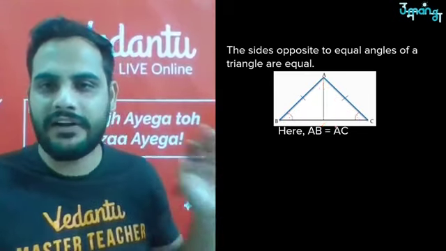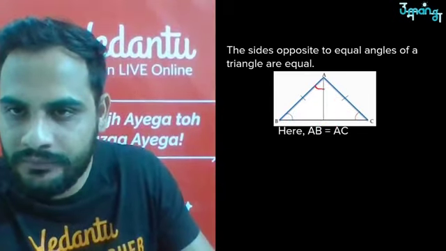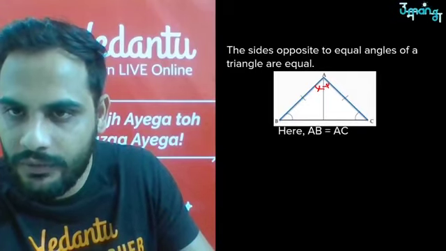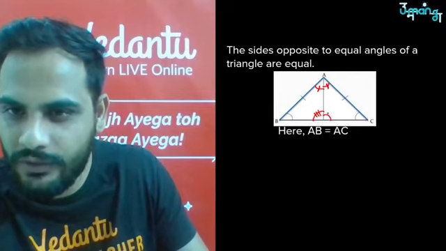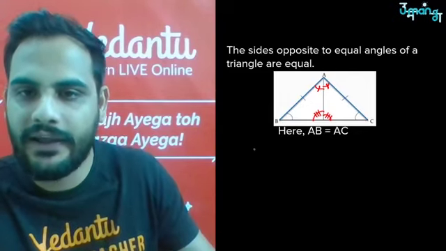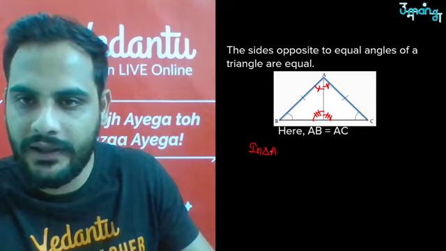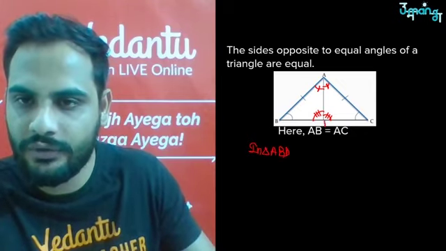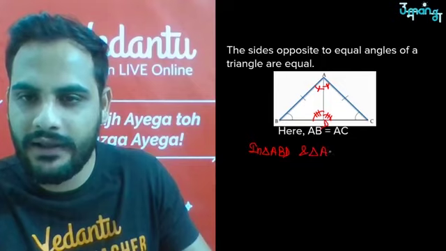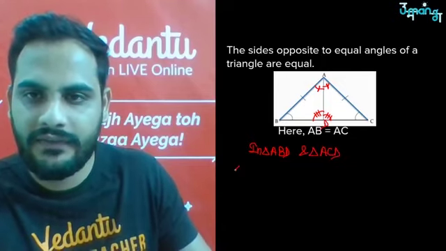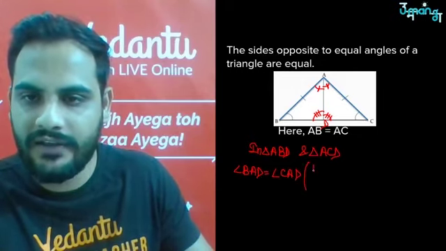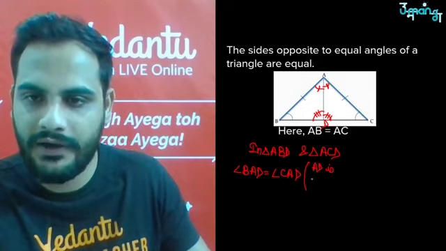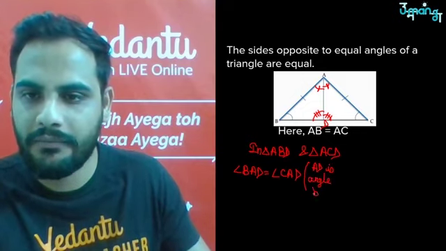Now see, after that it is very easy. I know that this angle is equal to this angle, and we have got that these two angles are also equal to each other. So I can say now that in triangle ABD, where D is over here, and triangle ACD, first thing, angle BAD is equal to angle CAD because AD is angle bisector.